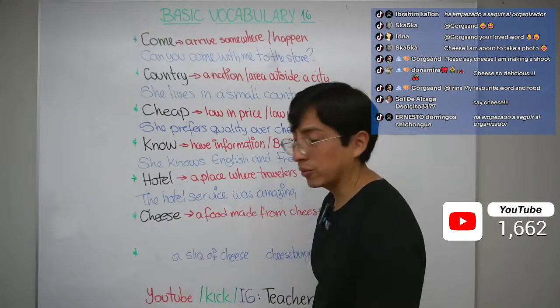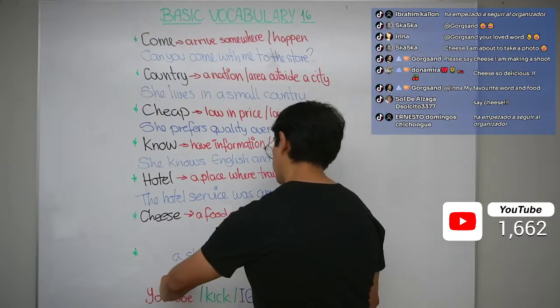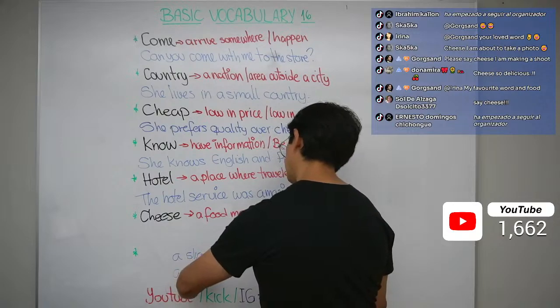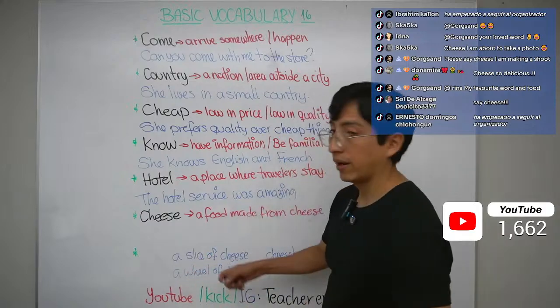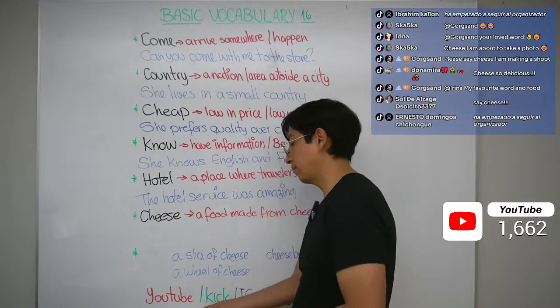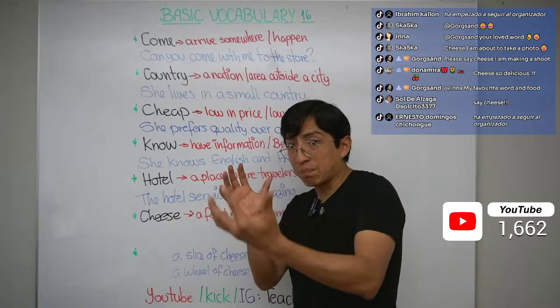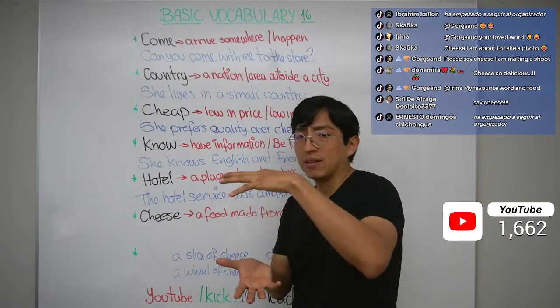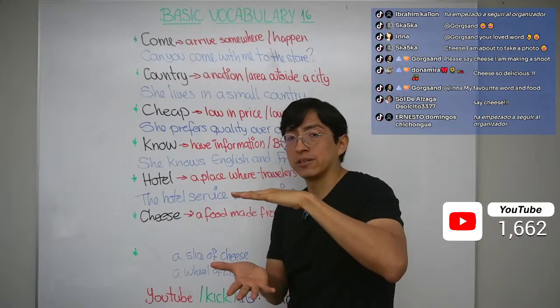And the other one, we can use here a wheel. So a big wheel of cheese. We're talking about like a big cheese, right? Like the whole cheese.